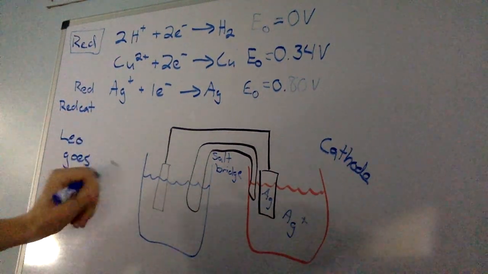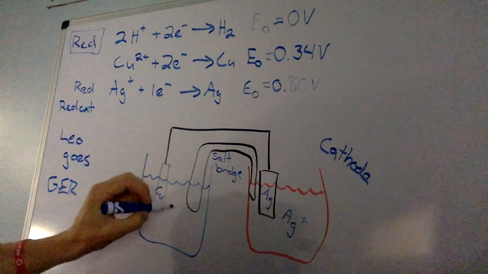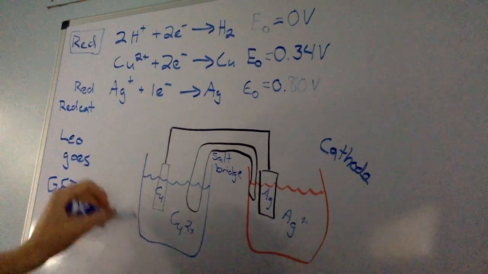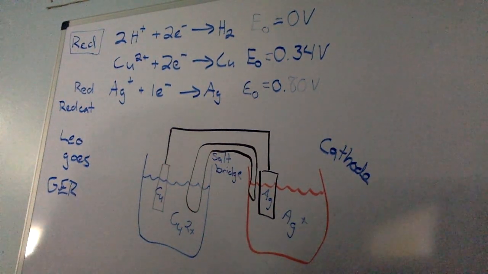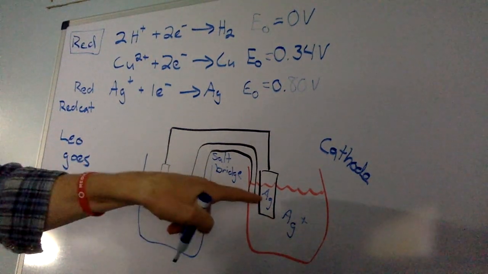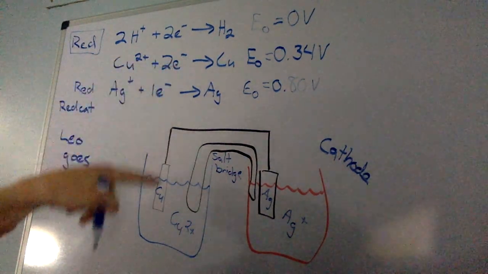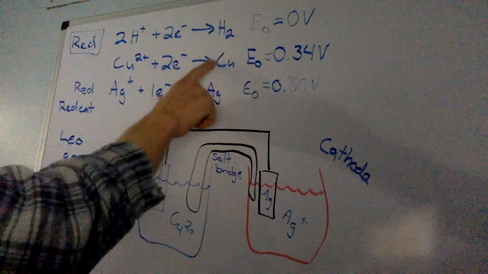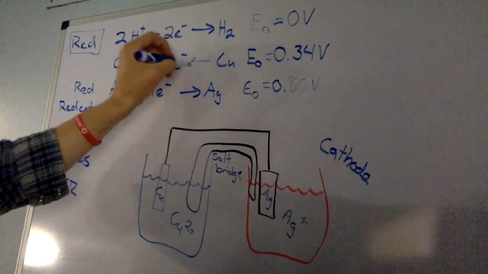Now what's this other side? This other side, I'm going to have my copper and my copper 2 plus. We've actually seen a blue copper 2 plus solution in the lab before. And so on this side, silver wants to gain those electrons more than copper does. So copper is actually going to be flipped. We're going to have our reaction going the opposite way.